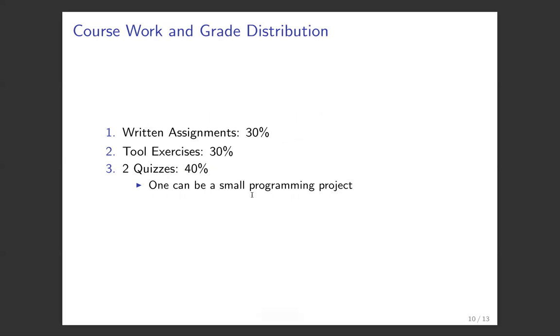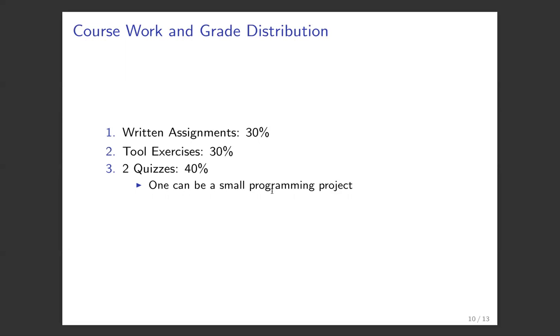This is the usual grade distribution that I have. I usually have one or two quizzes, and the other one will be a small programming project. Usually, either I have two quizzes or sometimes one quiz, and I make the other one, instead of a final exam, just a programming project.